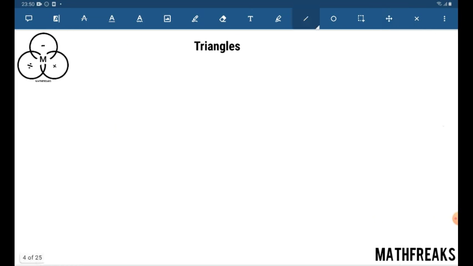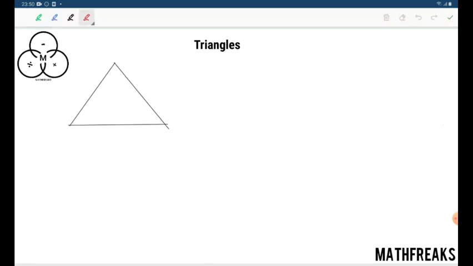Now the most interesting thing is the triangle. This is a triangle ABC.